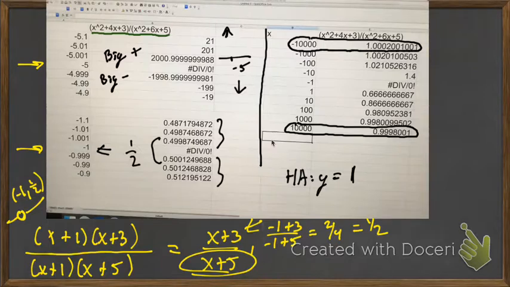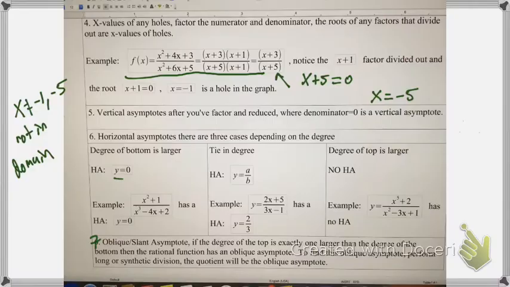So we're going to hop back to that first or second slide. So here we are. We had a little bit more in-depth discussion about holes and vertical asymptotes, and a little bit about horizontal asymptotes. Let's go ahead and work through a couple of problems, getting all the parts together and using that to graph it.